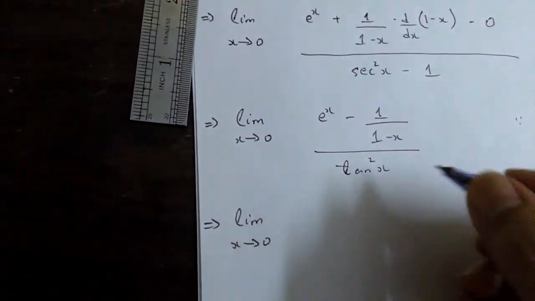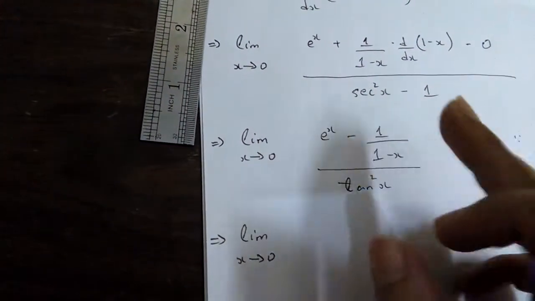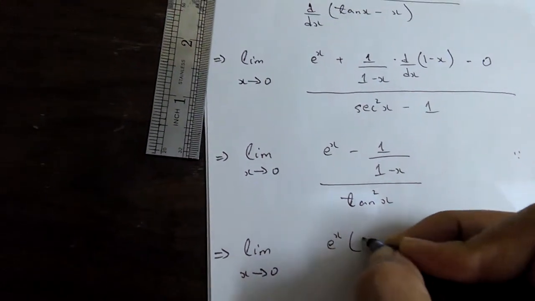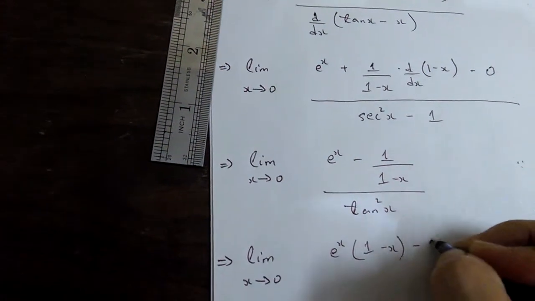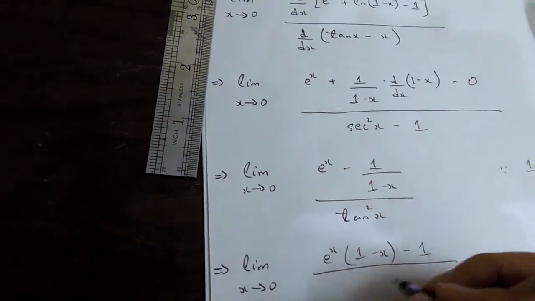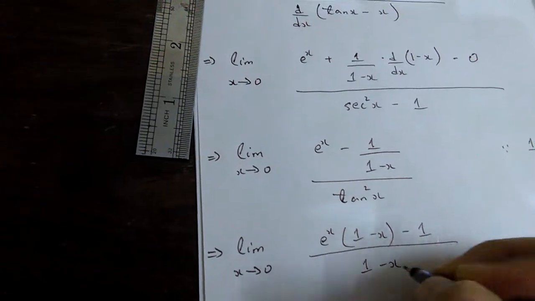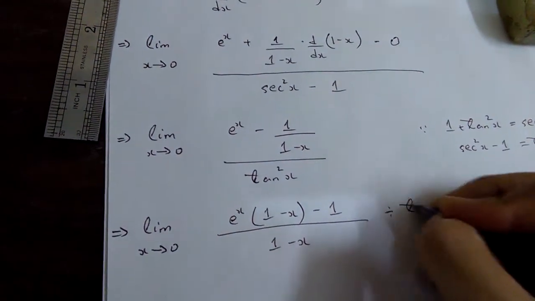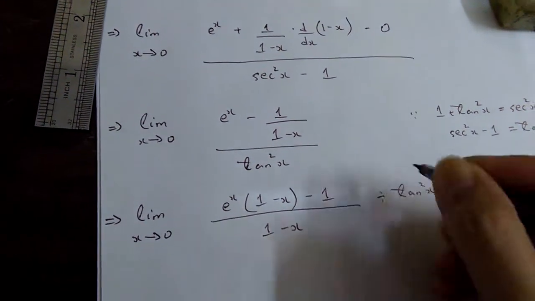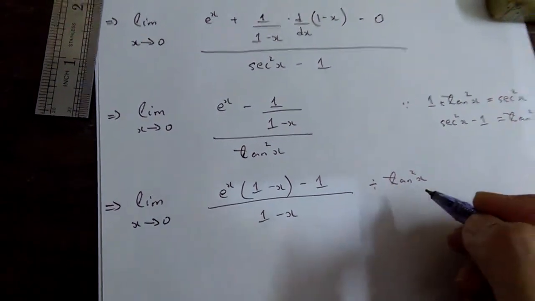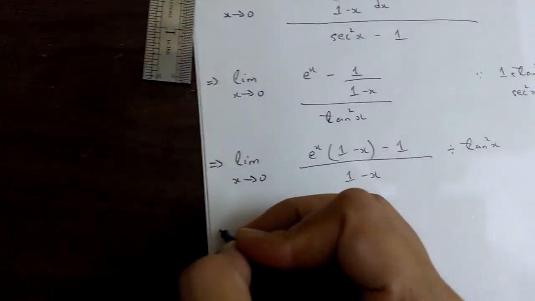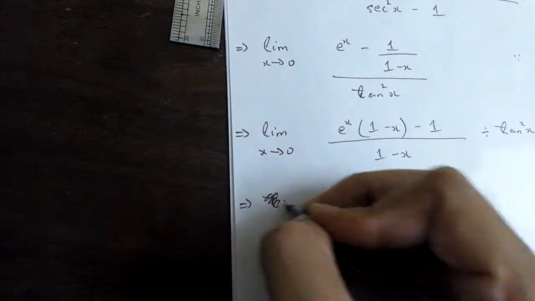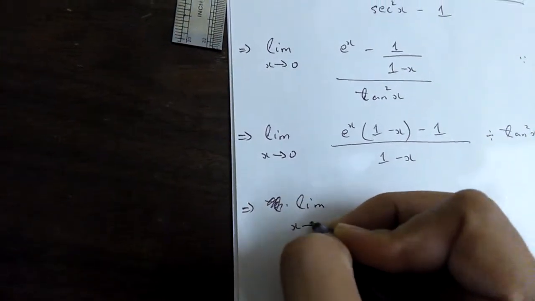Try to simplify your quotient functions as much as you can, and after that apply your limit. That's the strategy. Minus 1 upon this thing, and this thing is getting divided by tan square x, so it is getting multiplied by the reciprocal of tan square x. Sorry, it's limit x approaching 0.